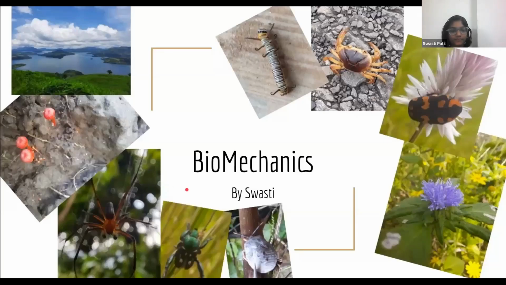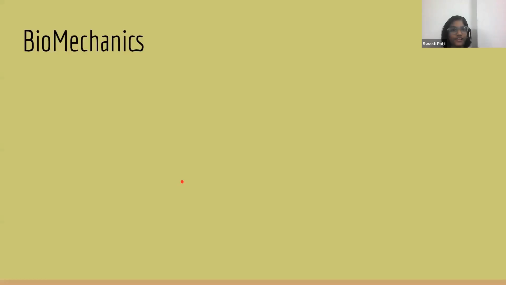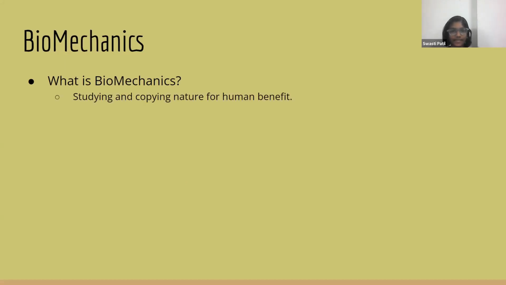So first of all, let's see what is biomimetics. It's basically studying and copying nature for human benefit. Let's see some examples. So the first example is a JCB. A JCB and a hand are very similar. I'll elaborate on the next slide.